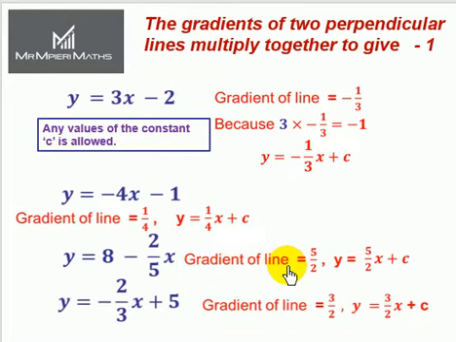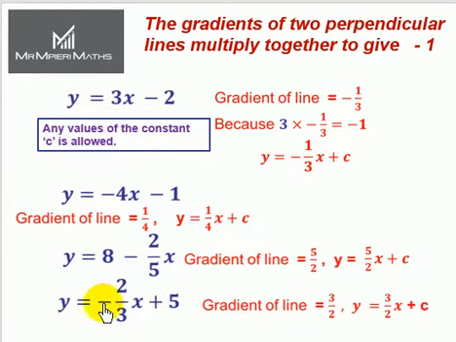But again, you have to change the sign. So 5 over 2 with the sign change, because when you multiply 5 over 2 times minus 2 over 5, you're going to get minus 1. So the equation you are looking for should be y equals 5 over 2x plus your constant, whatever number you decide to choose.